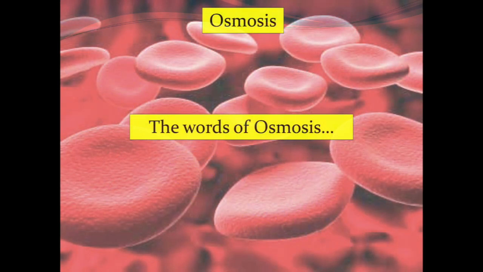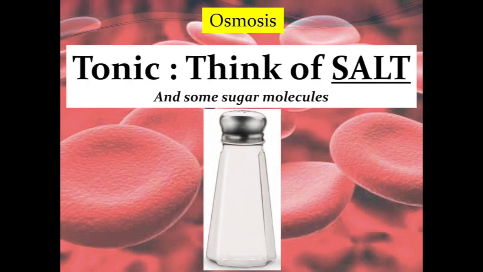Let's talk about osmosis. We're going to talk about the words of osmosis. When you think of osmosis, I want you to think of the word tonic. And tonic is mostly salt, and there are some low molecular weight sugars that also produce tonicity, or the tonic of the fluid.